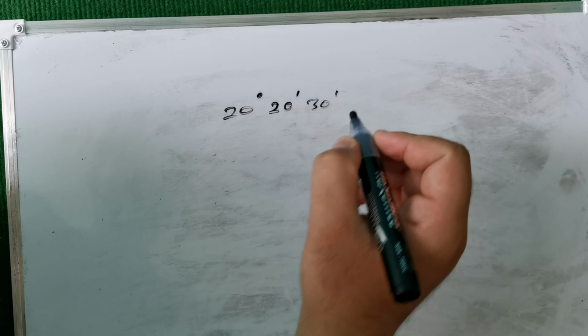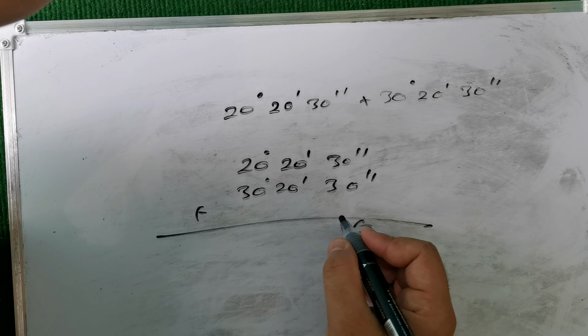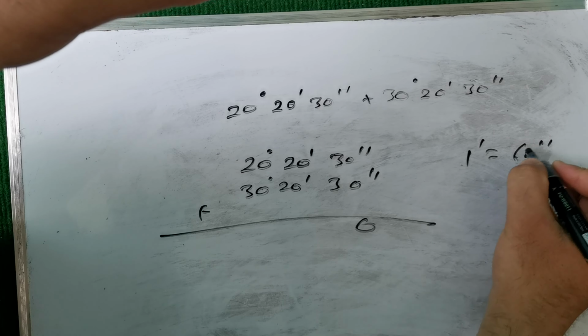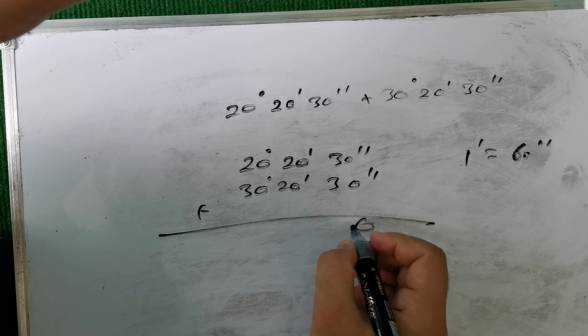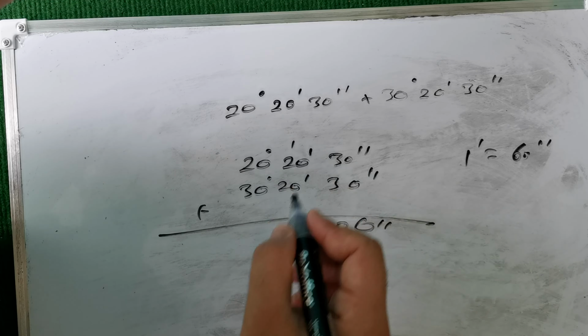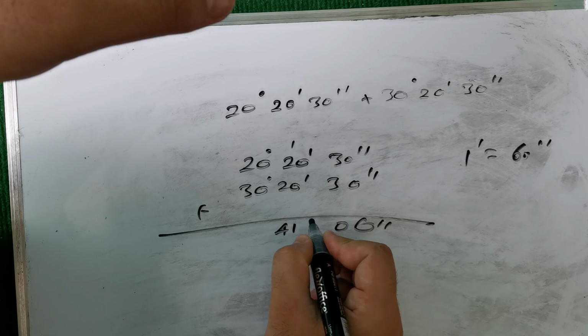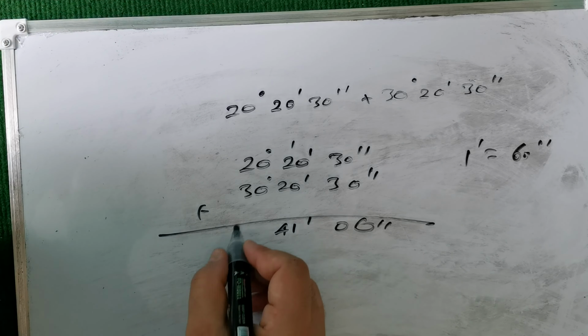Just like 20 degree 20 minute 30 second plus 30 degree 20 minute 30 second. 30 plus 30 seconds is 60 seconds, which is 1 minute. Then 41 minutes, 50 degrees. The answer is 50 degree 41 minute. You should do it like this.